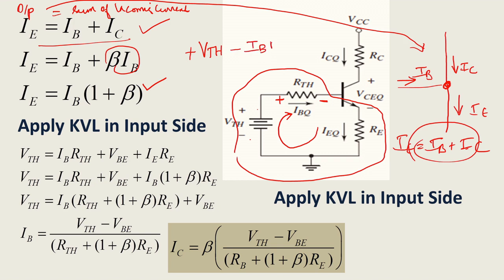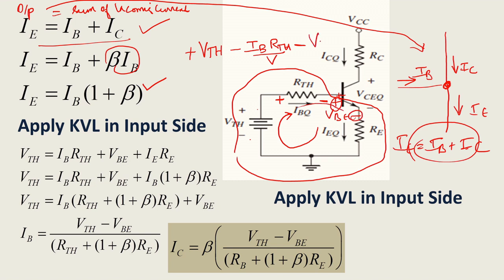IB into RTH. This is voltage, right? So in terms of the product of current and resistance, I am writing minus this junction voltage. What is the junction voltage? VBE, because this is a PN junction. So P is positive, N is negative. So that P is defined by positive and N is defined by negative. So this is always a fixed term. So entering at a plus, you can see this is entering at a plus, leaving at a minus.